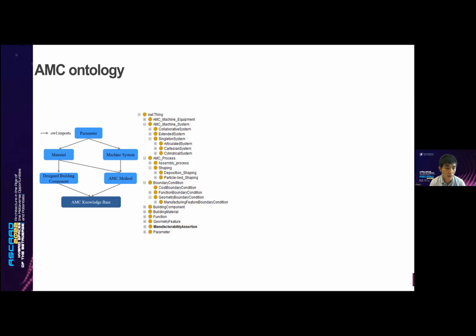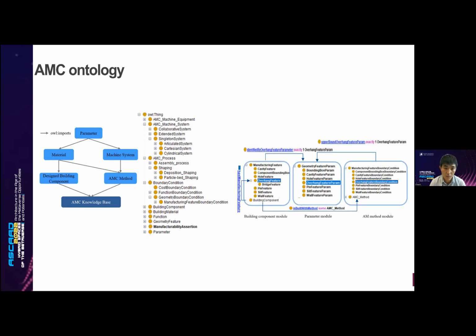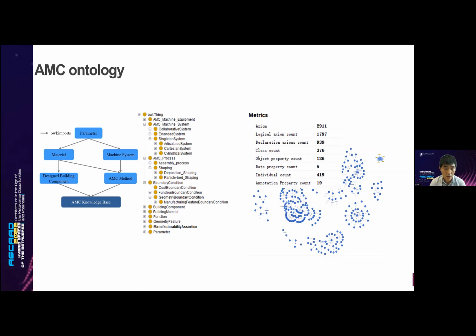We can see that the AM processes, the materials, the boundary conditions, functions, etc. are embodied in this ontology. Relations are created to link the building component properties to the AM methods. The metrics for this ontology present that we have a number of classes and properties.